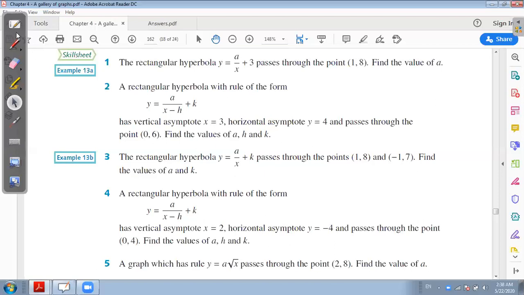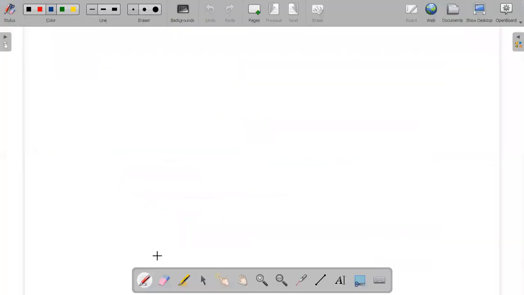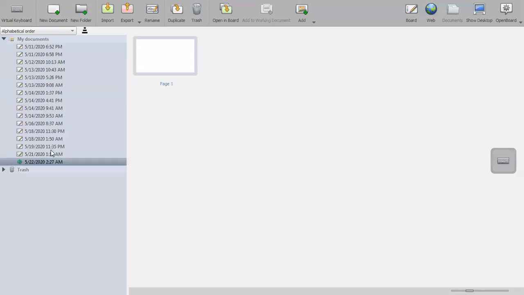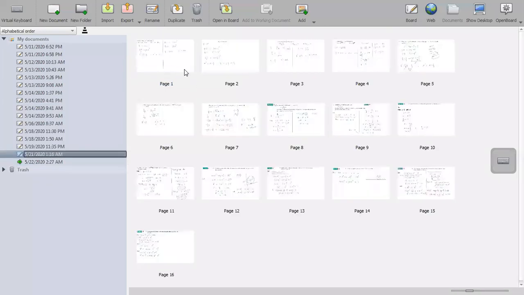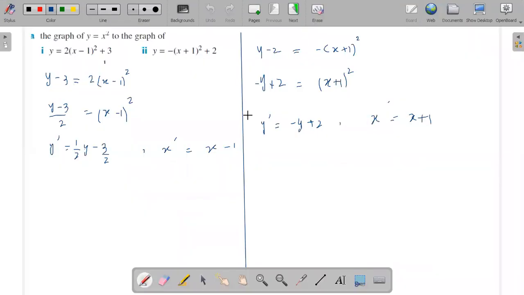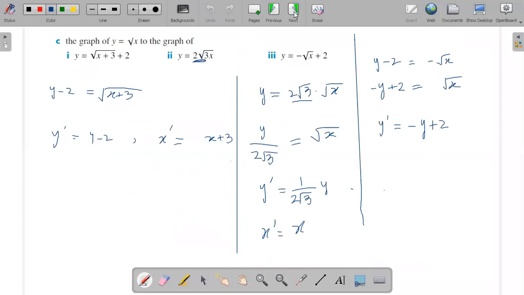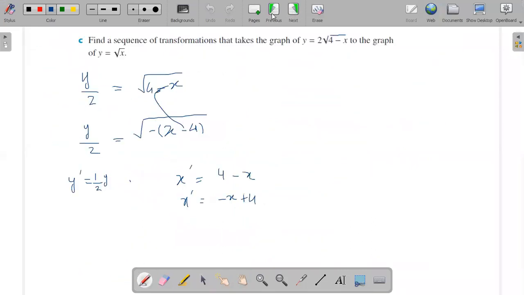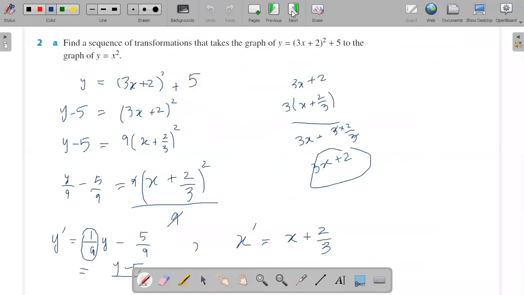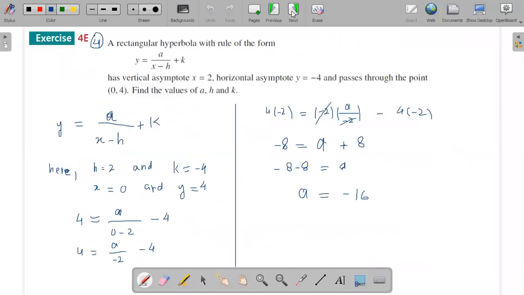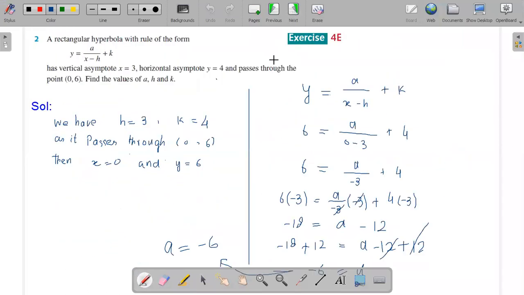I have done this question number 2 first. This is, I think, question number 2. Yes, this is question number 2 of this exercise.